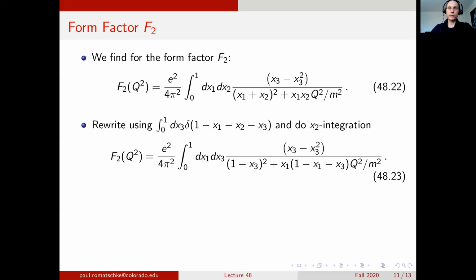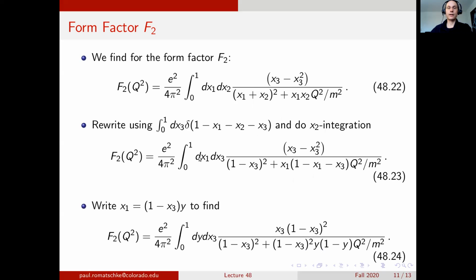And why did we choose this route? We chose this route because we can now replace x1 with 1 minus x3 times y, where y is a new integration variable. And if we do this, then we find that the x1 here gets 1 over 1 minus x3 from here. There's a 1 minus x3 and another 1 over 1 minus x3 in here. We can pull through the x3 in the numerator, get x3 times 1 minus x3 from the numerator.